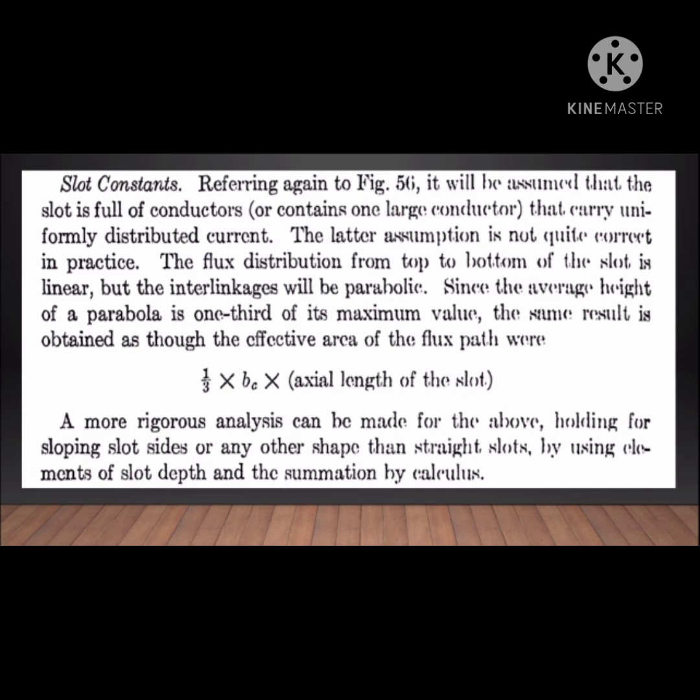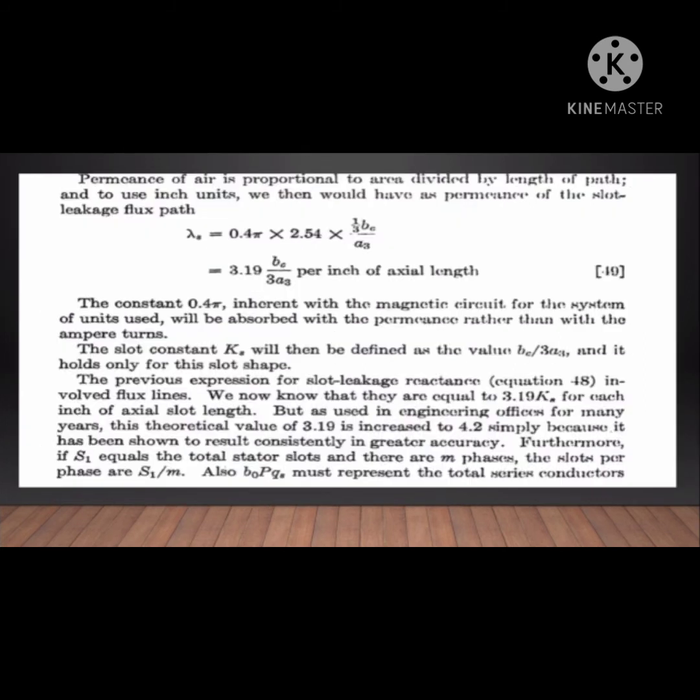A more rigorous analysis can be made for the above, holding for sloping slot sides or any other shape than straight slots by using elements of slot depth and the summation by calculus. So, permeance.